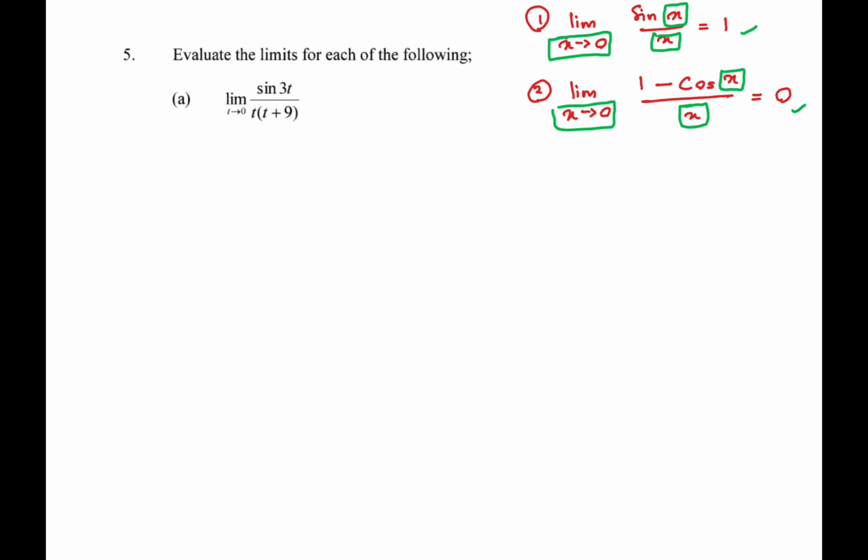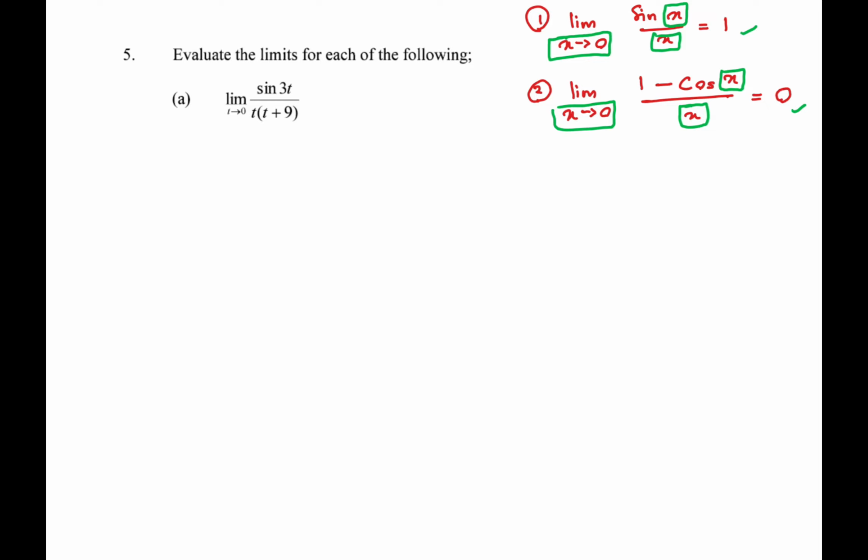If the angle and denominator are not equal, we need to modify the denominator part. The angles you cannot modify. If you want to modify the angles, we need to use trigonometric identities, which is quite difficult. So better you modify the denominator part.